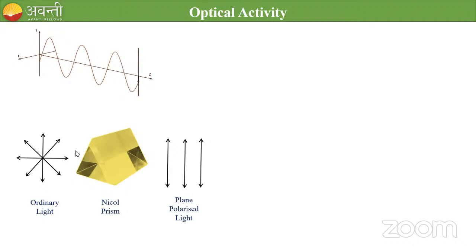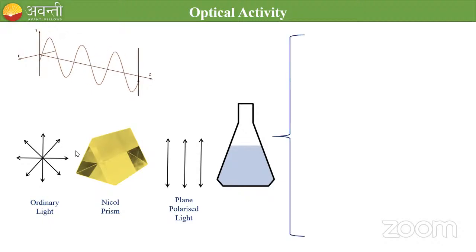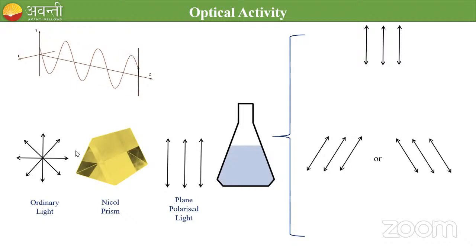Now, if I ask this plane polarized light to pass through a compound, which I have taken in the conical flask, two things can happen. Either one of those two can happen. One is the plane polarized light can remain as such, or it can rotate. The rotation can be done in two ways.